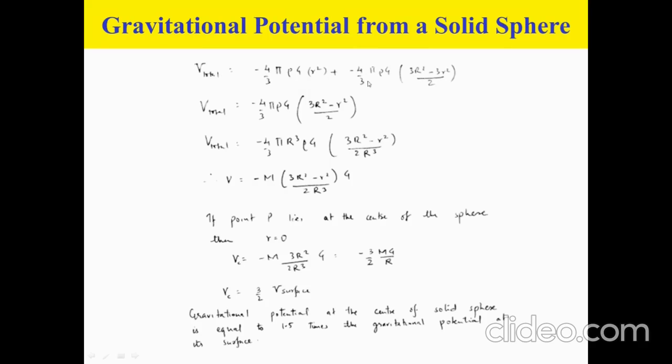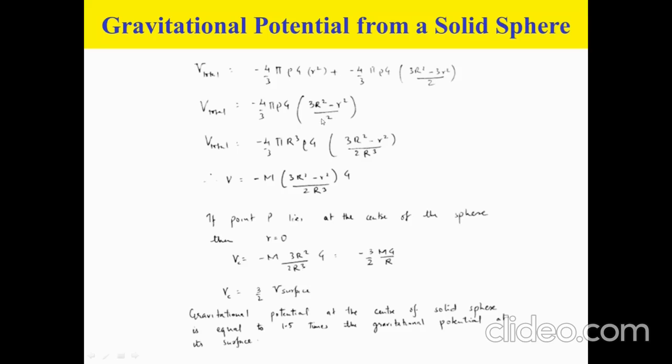We have a common factor of (4/3)πρg, which we can take outside, and then in the inner expression we can add these terms. You have 3R²/2, a minus 3r², and a plus r²/3... when you add them, you get 1/2. So you get this expression right here.